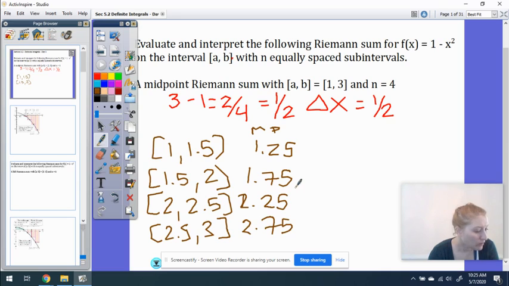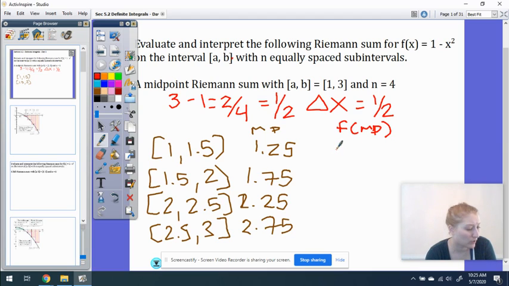Now, because this function has 2 pieces to it, 1 minus x squared, I'm going to plug in my midpoint values.